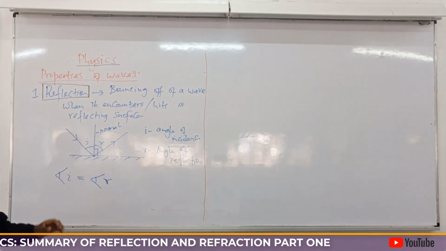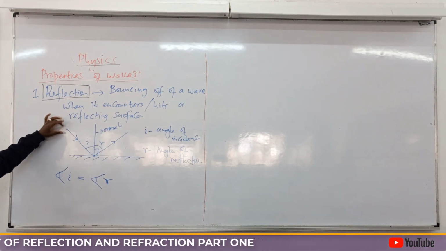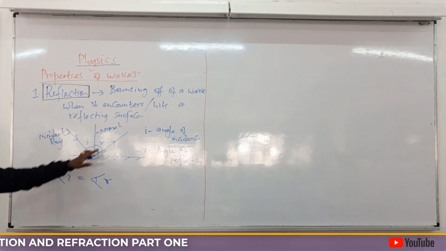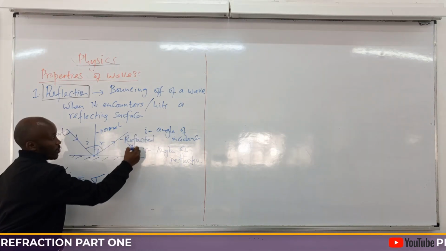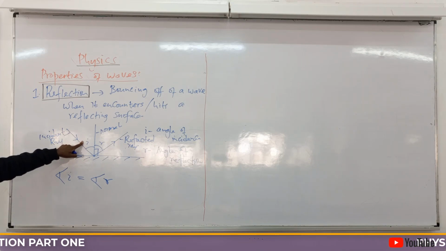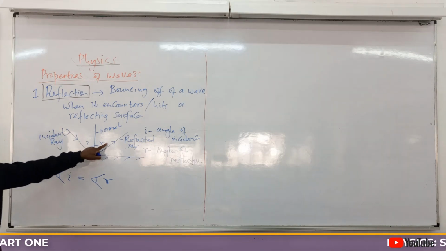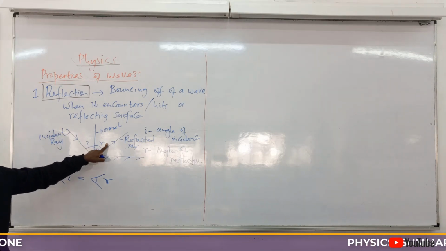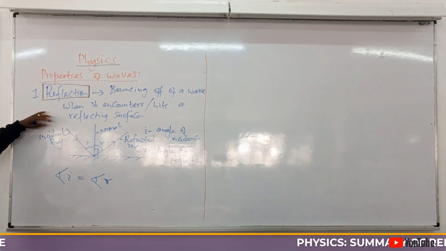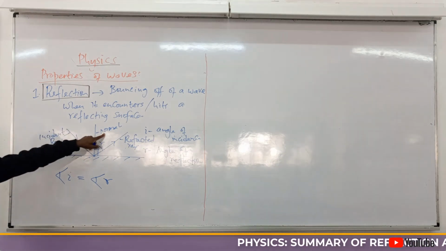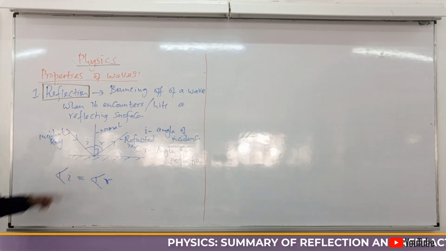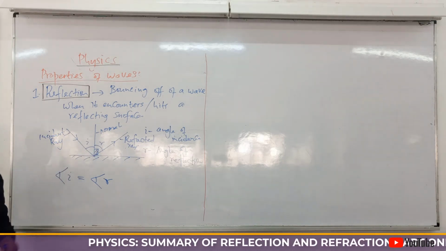So points to remember: this is known as the incident ray. This is called the reflected ray. So I is the angle of incidence and R is the angle of reflection. The angle of incidence is always between the incident ray and the normal line. The normal is always perpendicular to the reflecting surface.